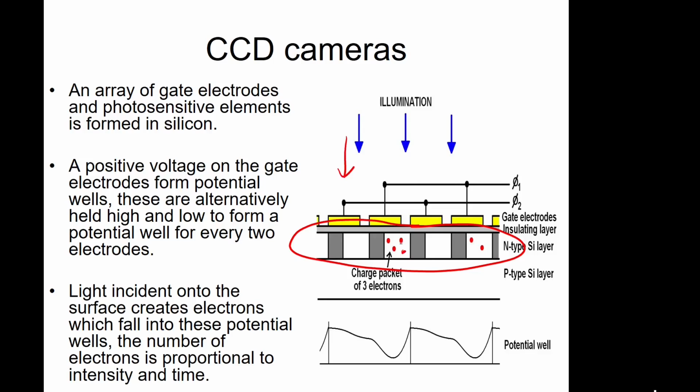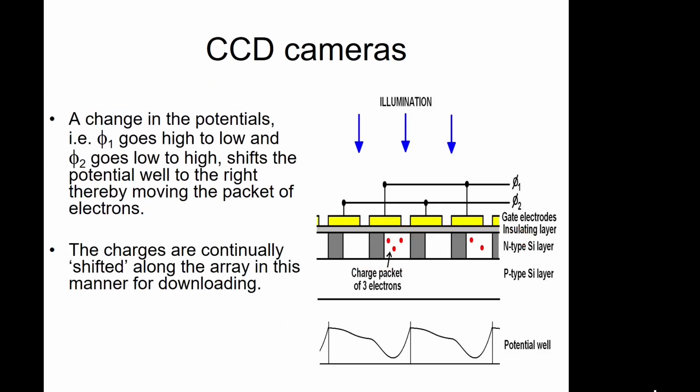You do this collection for a certain length of time, and then when you finish capturing the image, you set appropriate voltages on these electrodes, which then shift all these electrons along, and you can read the value of how many electrons you have as they get downloaded to the end of this array. So that's the basic principle of CCD cameras.